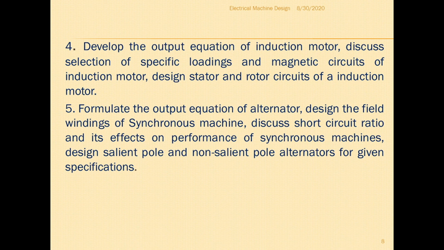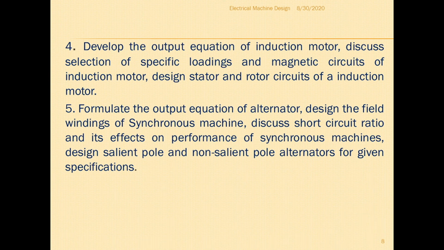Based on the fifth module, which is based on the three-phase synchronous machine, they will learn to formulate the output equation of alternator, design the field winding of synchronous machine, and discuss short circuit ratio, which is very important from the examination point of view, and its effect on performance of synchronous machines. They will also design salient pole and non-salient pole alternators for given specification.